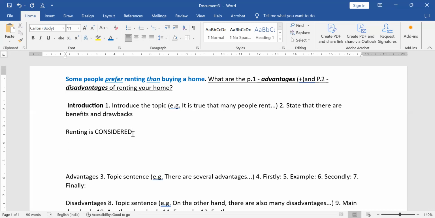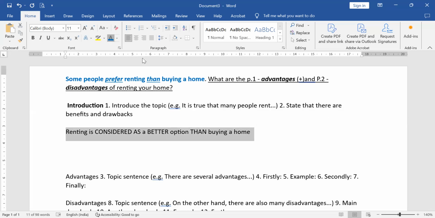So you should say renting is considered as a better option than buying a home. Than is also comparison. But don't you think I'm repeating the same words, renting, buying, home?